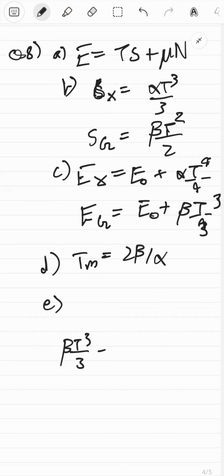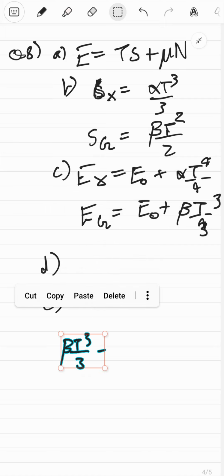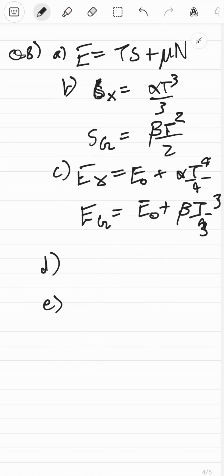Okay, I guess I misinterpreted this question a bit. It was not asking for equilibrium between these two phases. It was asking between some liquid phase that you have. But we don't know the potential for the liquid, right? So now what?